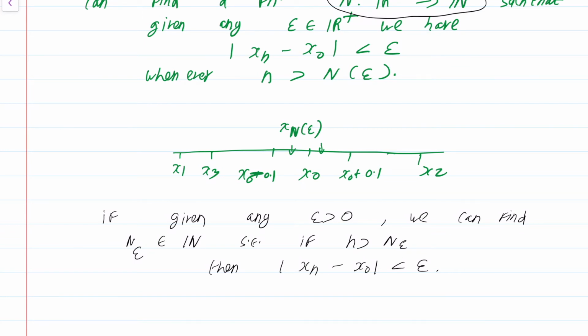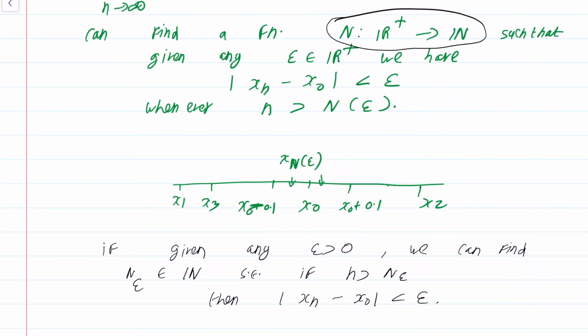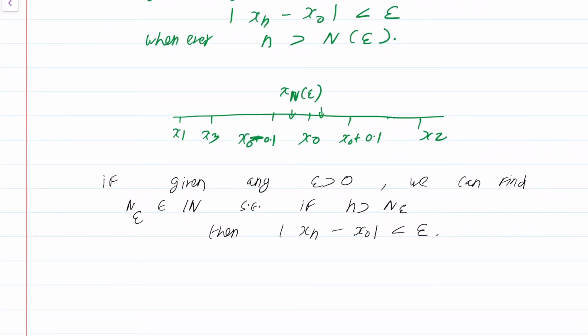The standard textbook definition of convergence and the definition we have given in terms of this function N from R plus to natural numbers is exactly the same. The only difference is I have chosen to treat N epsilon as a function of epsilon. The reason is that it clarifies that there is a relationship between epsilon and N epsilon.